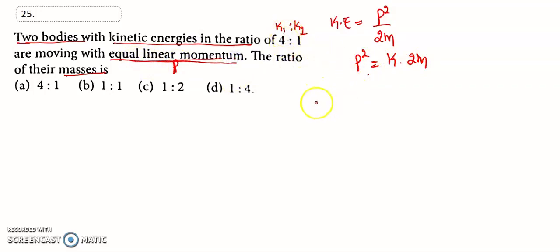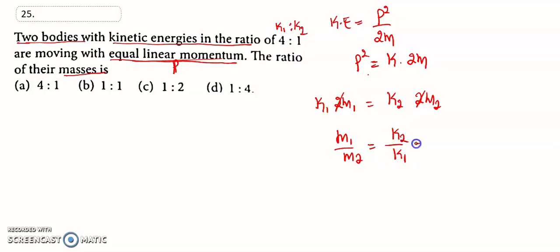First K1 2m1 is equal to K2 2m2. Then 2 gets cancelled. The ratio of their masses m1 divided by m2 is equal to, so this becomes K2 over K1.